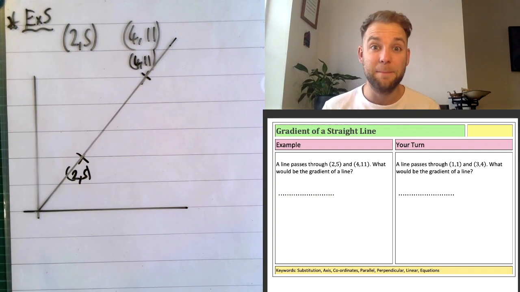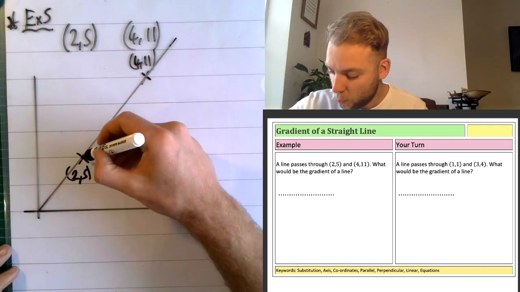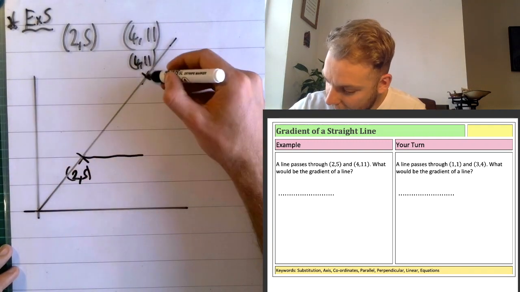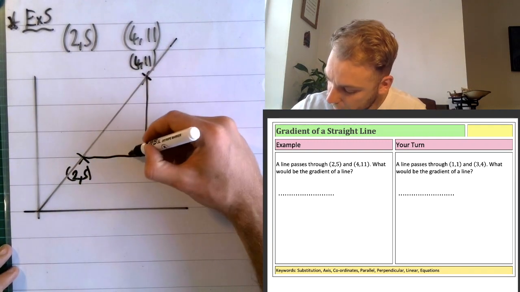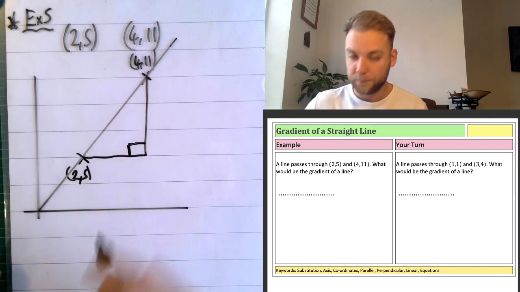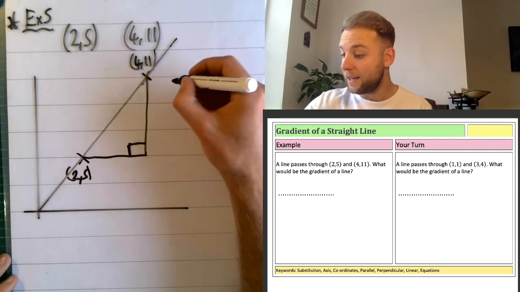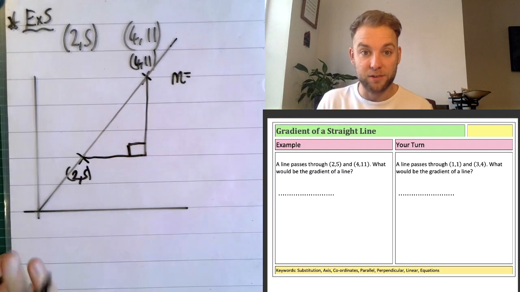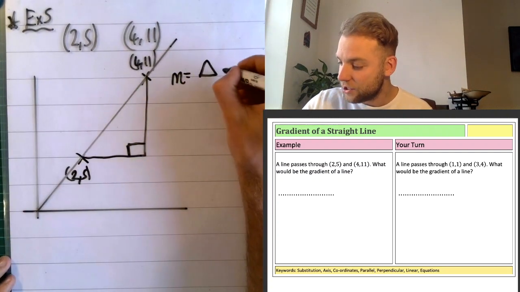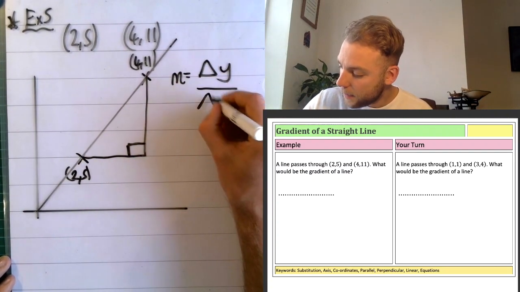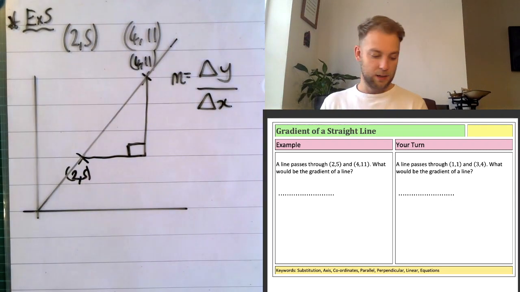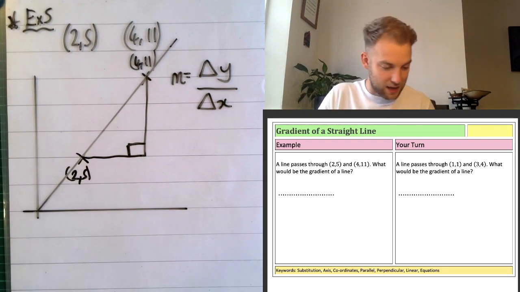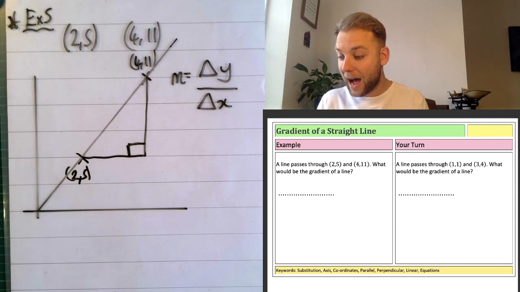Now, very similar to what we've done already, we need to draw a right angle triangle. Remember that the gradient formula doesn't change. m, which stands for gradient, is the change in y over the change in x. Now, the difference with this one is we've got to see how high up it is.